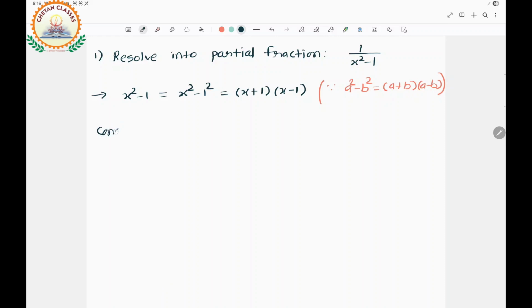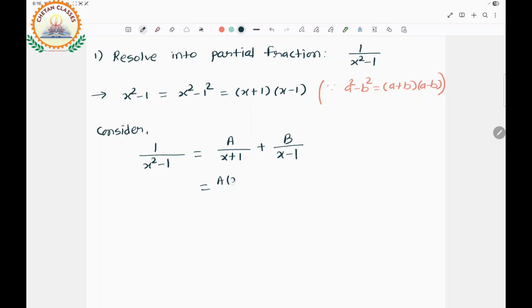So here consider this partial fraction 1 upon x square minus 1. We write as a upon first factor, that is x plus 1, plus b upon x minus 1, because here we are getting distinct factors. Now cross multiply.